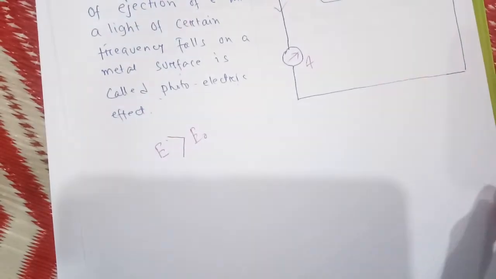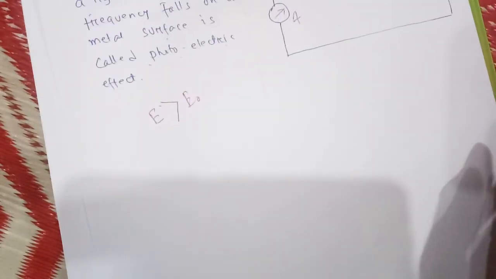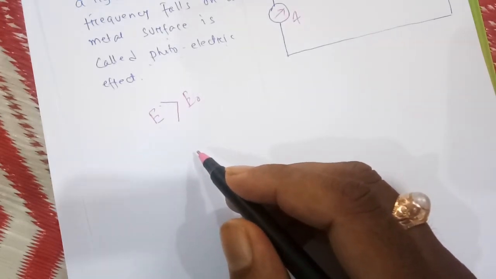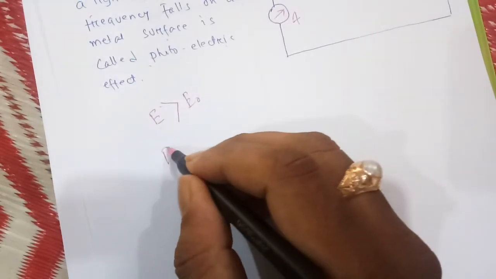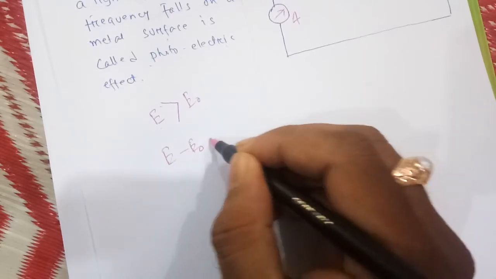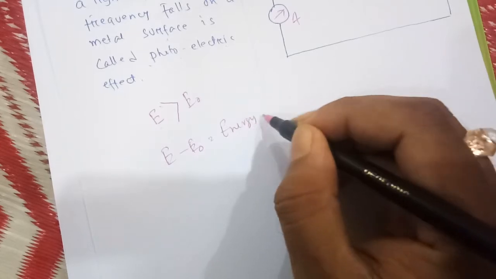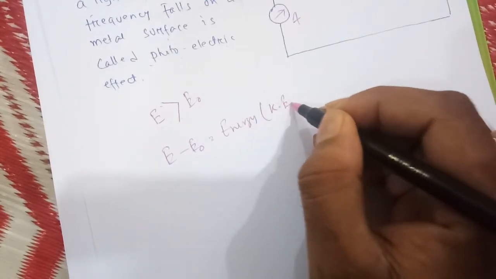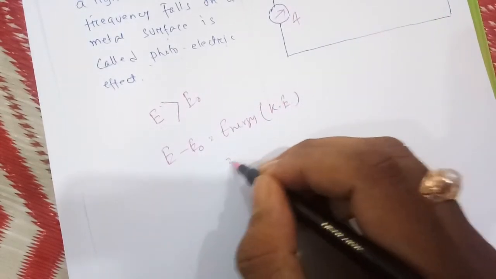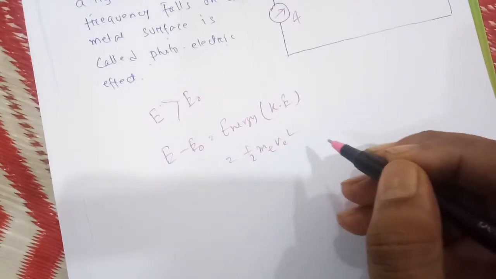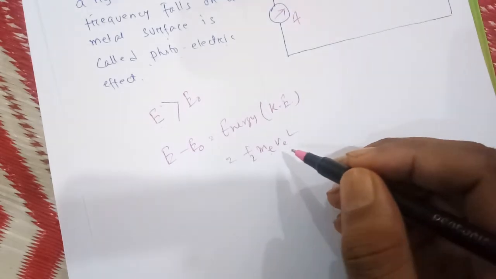Now, by the law of conservation of energy, energy can neither be created nor destroyed, but it can be transferred from one form to another. So E minus E naught is also a type of energy, and this energy is the kinetic energy, which is half m v square for the electron. Clear?